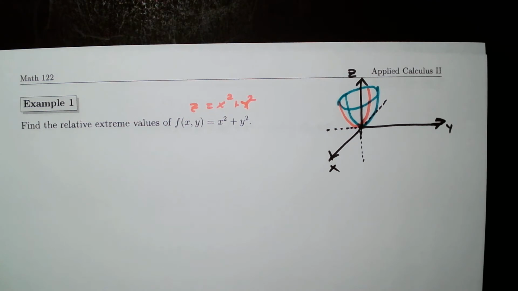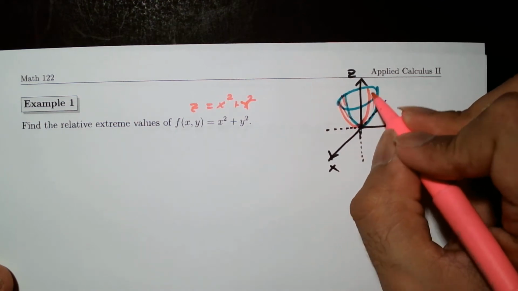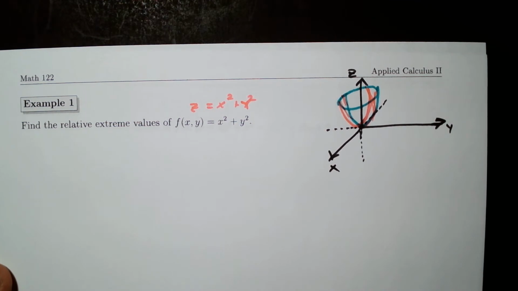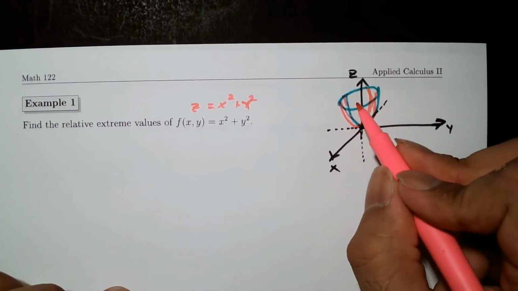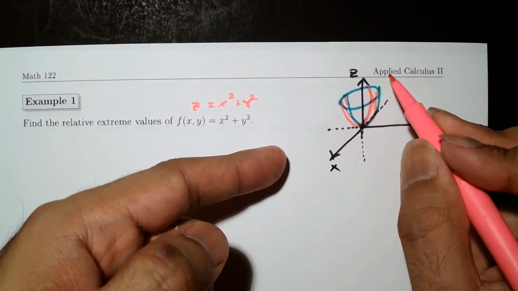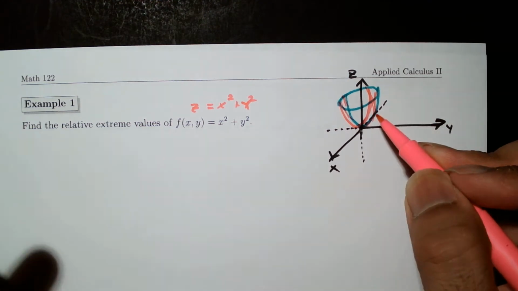Well, drawing graphs in 3D is not my forte here, but if you look at this, this looks like a paraboloid. It's basically a solid generated by two parabolas getting drawn in different directions.